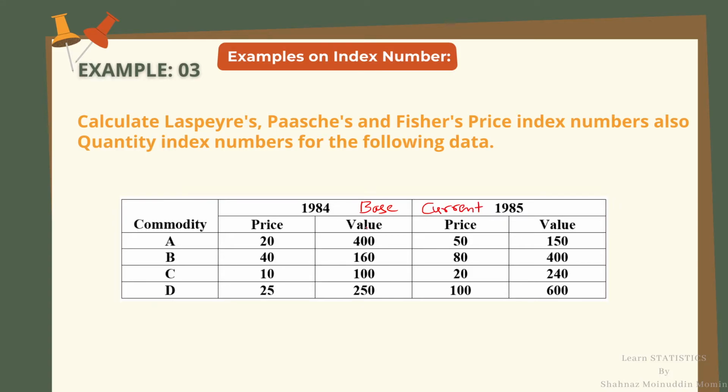Here we are not given the price and quantity, but we are given the value, and we know that value V equal to price into quantity. From this value we have to first obtain the quantity by using the formula value divided by price. Then we obtain these three: Laspeyres, Paasche, Fisher price index and their corresponding quantity index numbers.